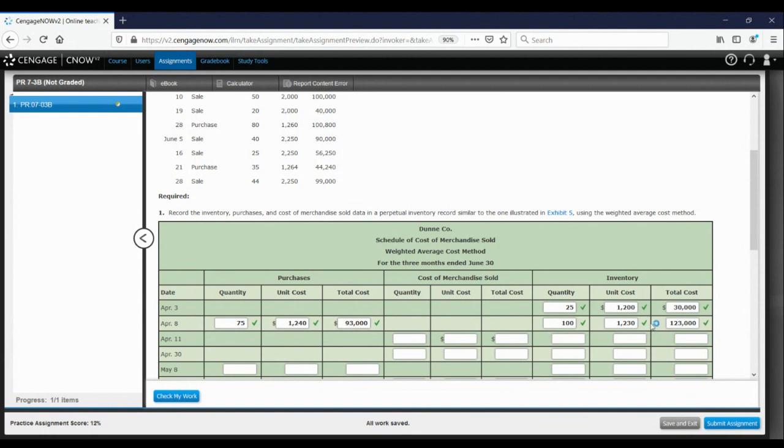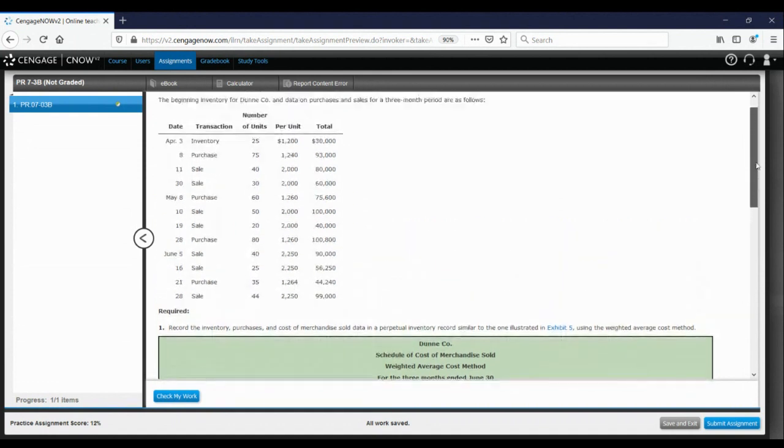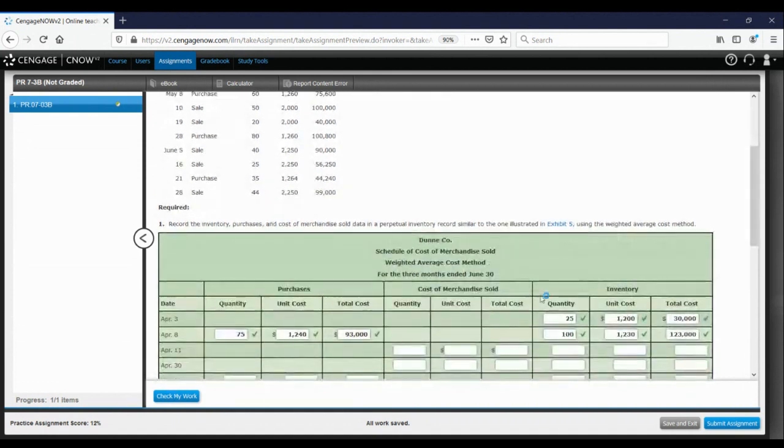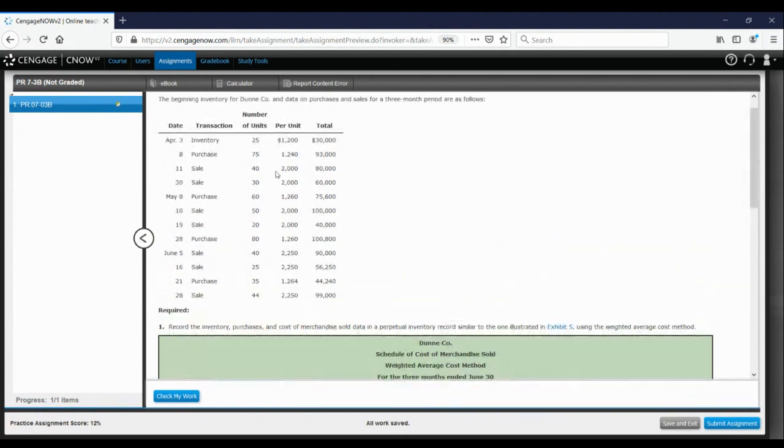And when we make a sale, like we're getting ready to do on April the 11th, what we're going to do is we're going to show in this cost card the amount of the cost of merchandise sold. You will remember that when we make a sale in our journal, we have two journal entries under the perpetual inventory system. The first entry would be to record the sale.